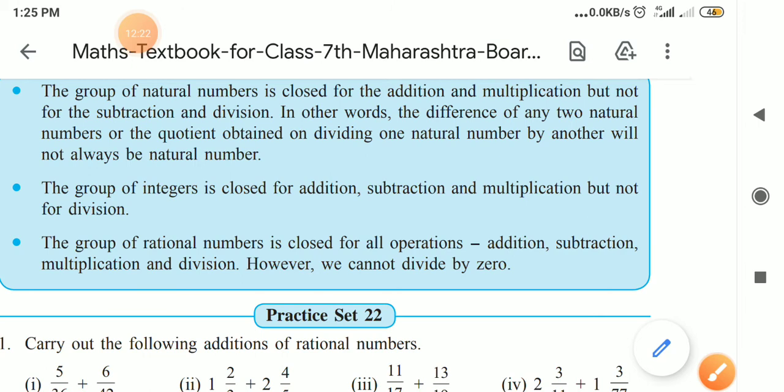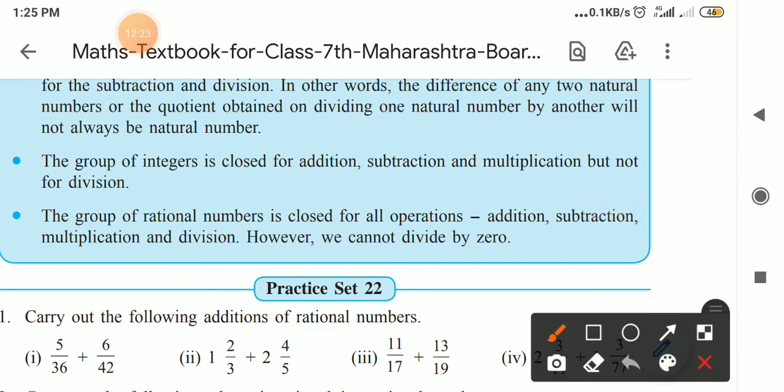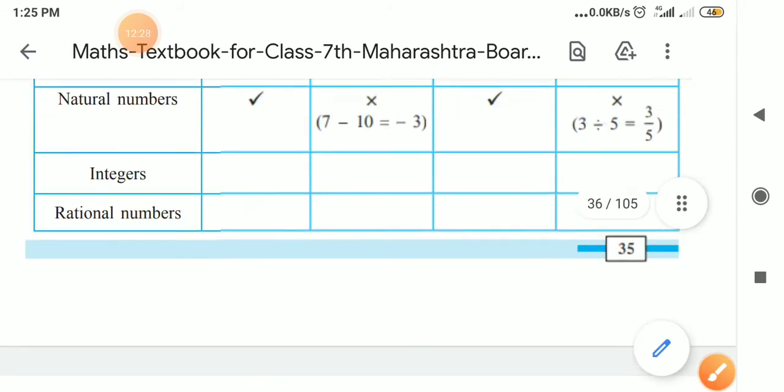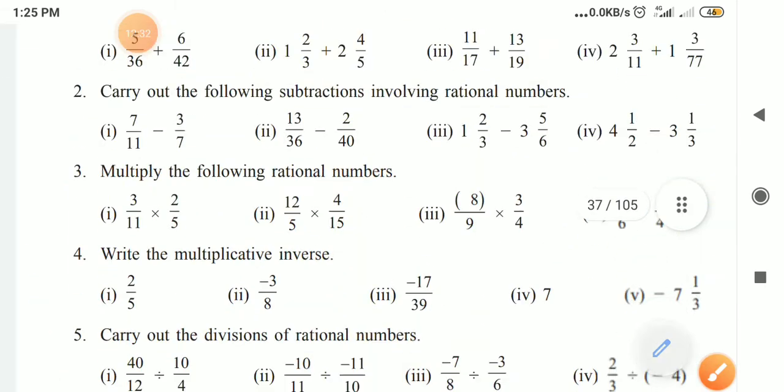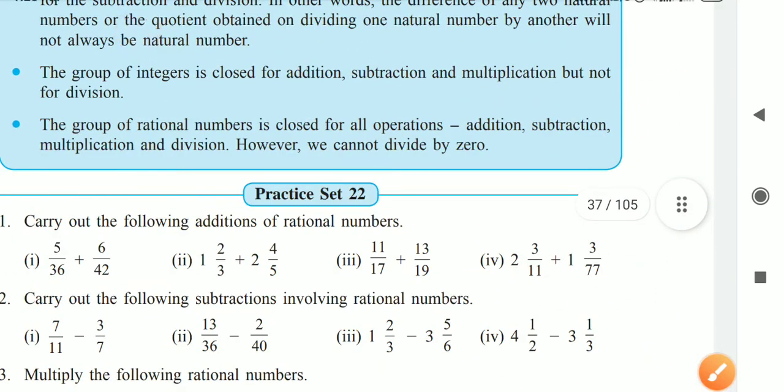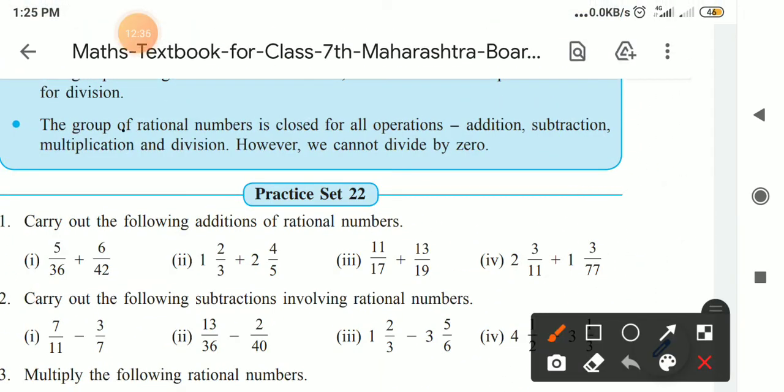Just now we saw the group of integers is closed for addition, subtraction, multiplication, but for division it is not closed. And for rational numbers, the group is closed for all operations, addition, subtraction, multiplication and division. The answer is always a rational number.